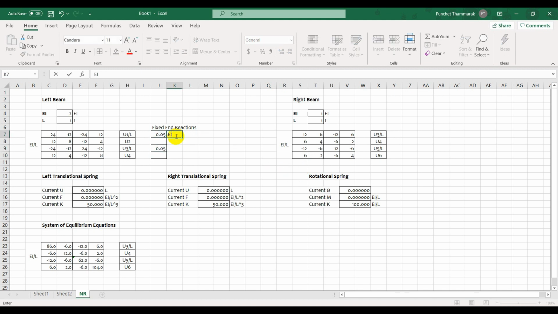And this is EI over L square. And this one is the moment. So this is equal to W, which is 0.1, L square over 12.